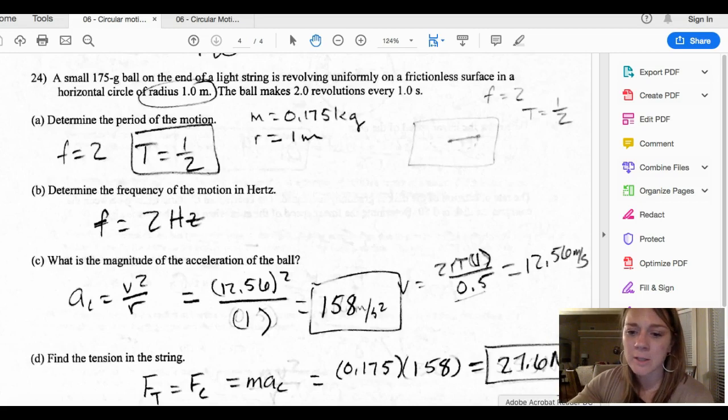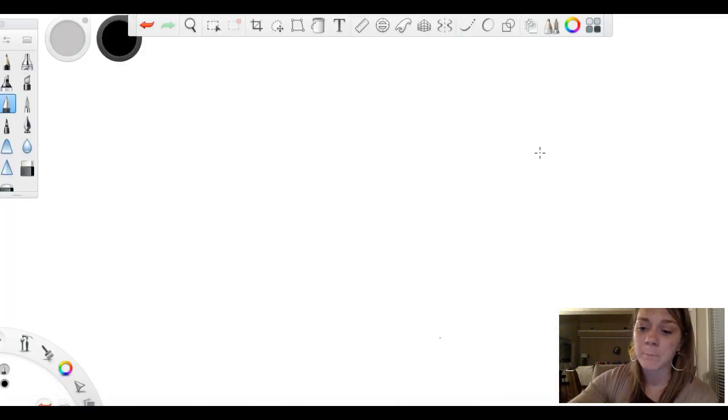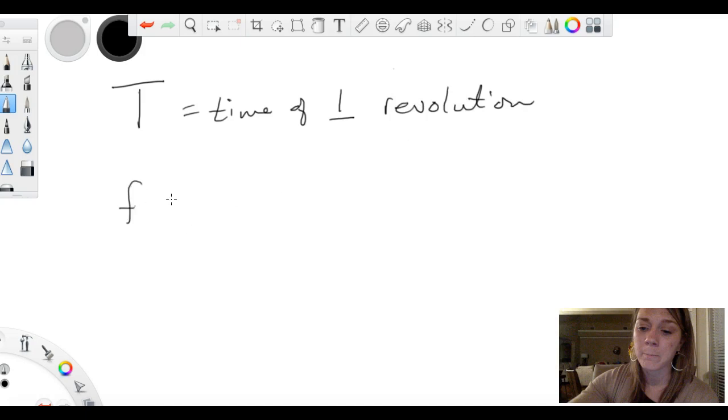So in this unit, we learned that there's a difference between frequency and period. Period is represented with T. This is equal to the time of 1 revolution. And then frequency is F. This is equal to the number of revolutions every 1 second.